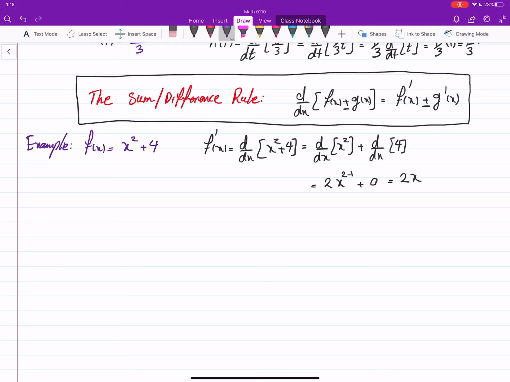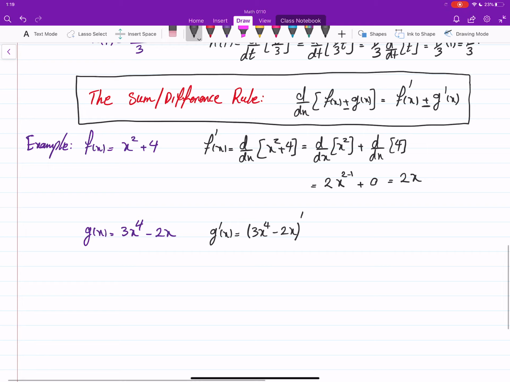Another one, g of x is 3x to the power 4 minus 2x. Then we have g prime of x is the derivative of differences of two functions.